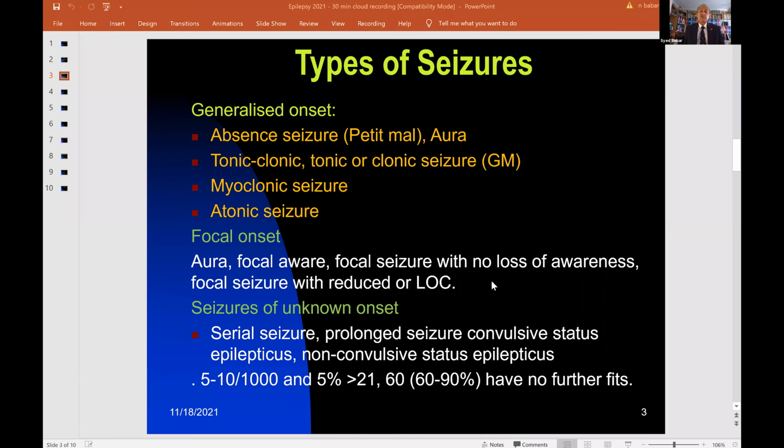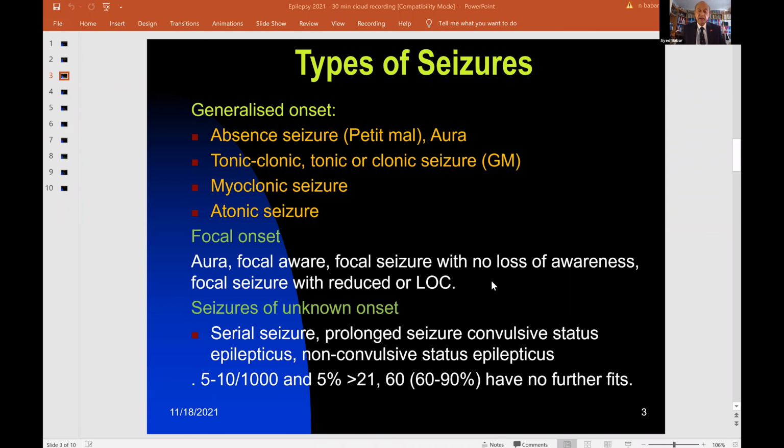Then there are seizures of unknown onset, and these could be serial seizures, almost like stroke in evolution. So there could be one seizure followed by a gap in which the patient may regain consciousness or not, and then have a second seizure of an identical nature, which may be longer than the first seizure.